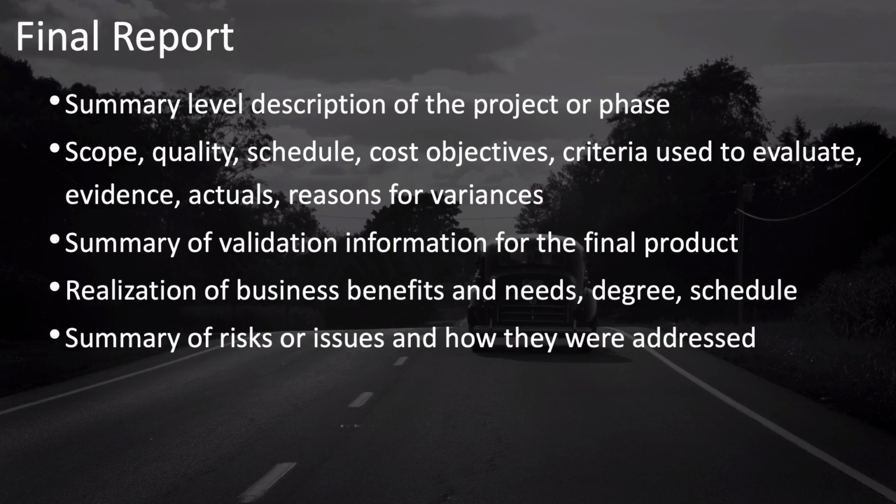And this can refer back to the benefits management plan for more details. You should also include a summary of the risks and issues that you've encountered during the project or phase and what you did to address or resolve them.